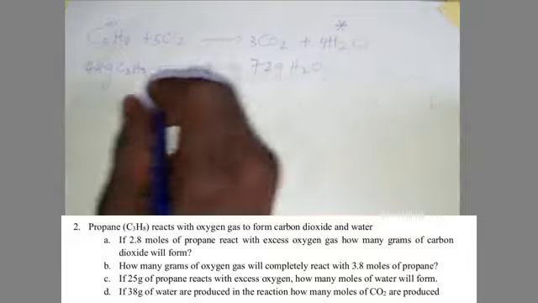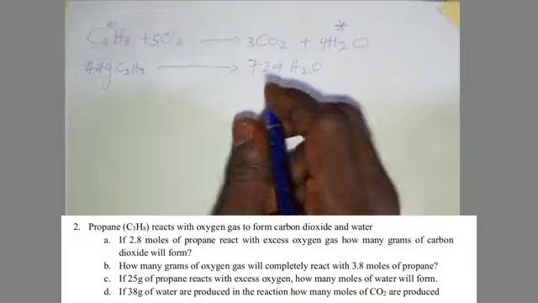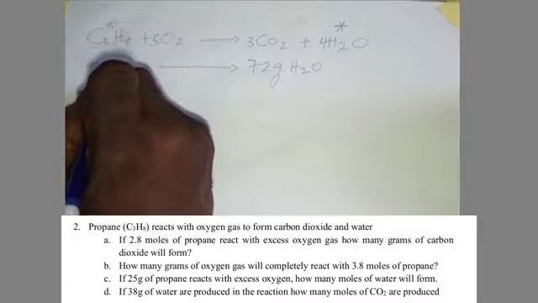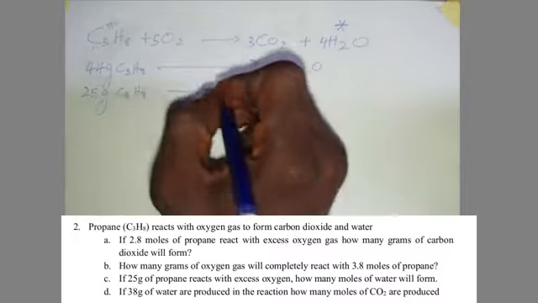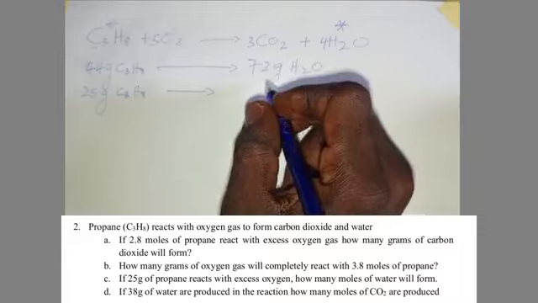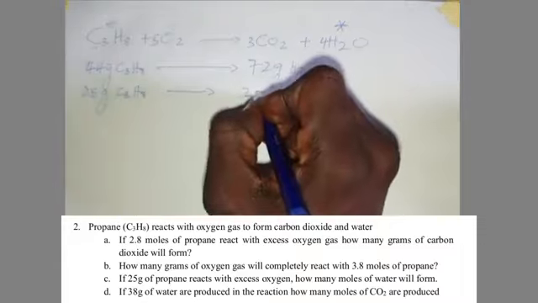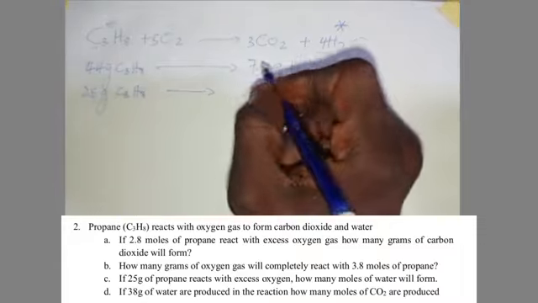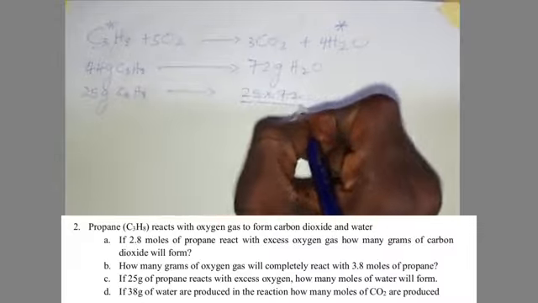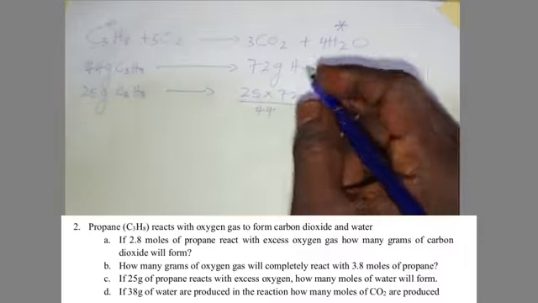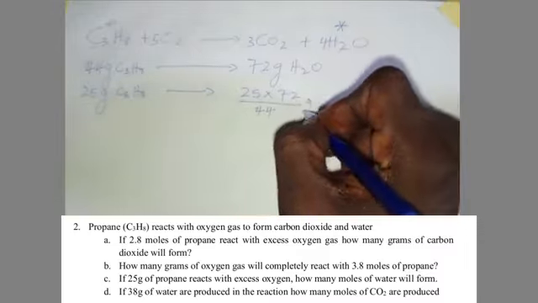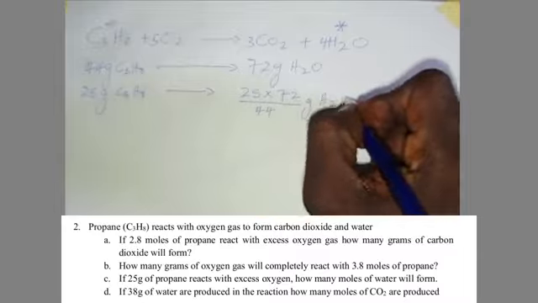Now, 25 grams of propane is expected to give us 25 multiplied by 72, and I'm going to be dividing this by 44. We're going to know the exact amount of water in grams that will be produced from this reaction.